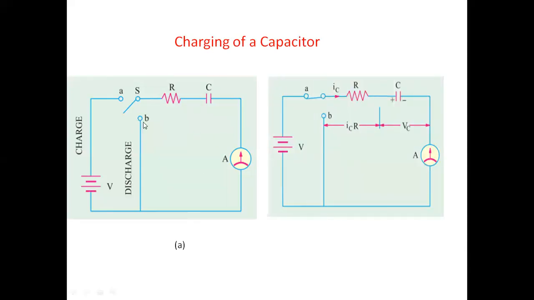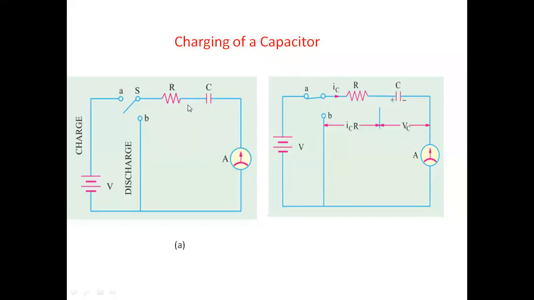In this charging of a capacitor, we consider a resistor R and a capacitor C in series, and for that series circuit, we apply a voltage of V. By that, the capacitor starts charging up to the applied voltage V. When the capacitor is charged, its polarity will be opposite to the applied voltage.